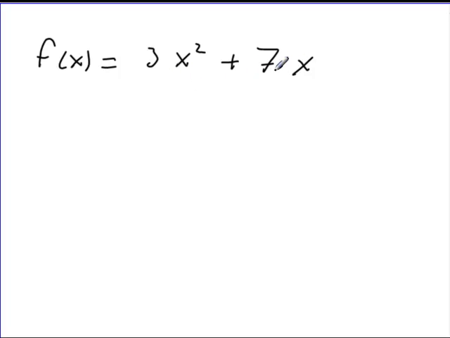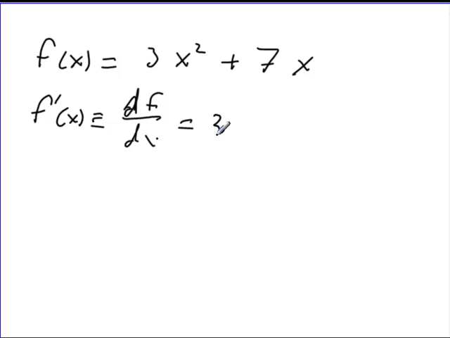I multiply by the 7, and I take the derivative of the x. Because they're added together, I add together the derivatives. So f primed of x, also known as df dx, is equal to 3 times 2x, taking the derivative of the x squared, plus 7, which comes out to 6x plus 7.